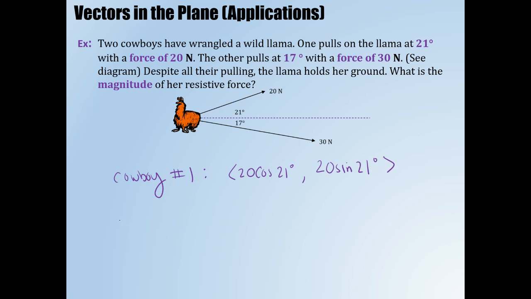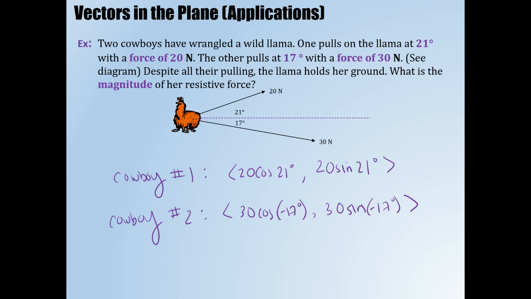And then Cowboy 2, let's be careful with this one, is going to be 30 cosine of negative 17 degrees, 30 sine of negative 17 degrees. I want to remember that it's with the horizontal. This is in standard position, so with the horizontal.